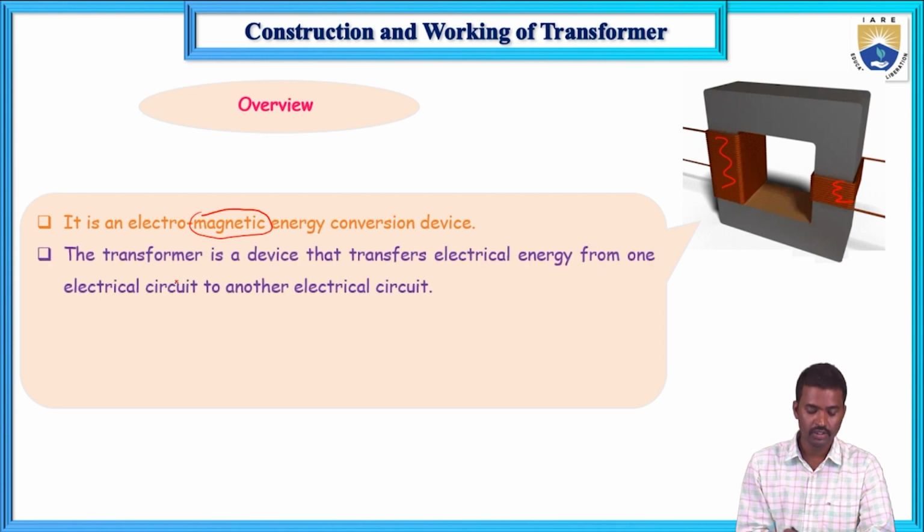Now here see the definition. The transformer is a static device. There are no rotatory parts and it transfers electrical energy from one circuit to another circuit with same frequency.